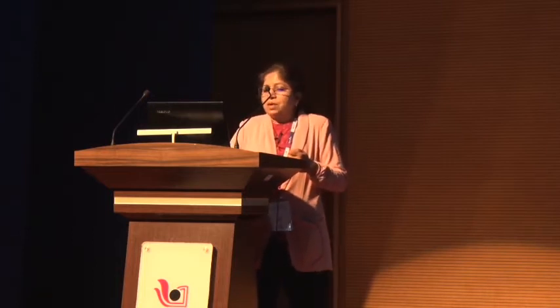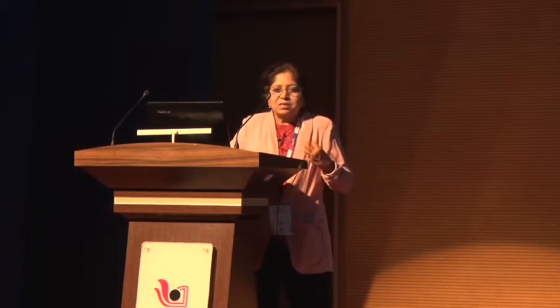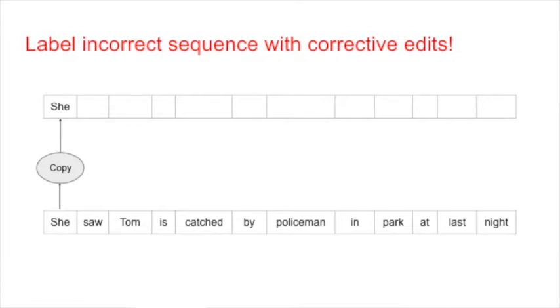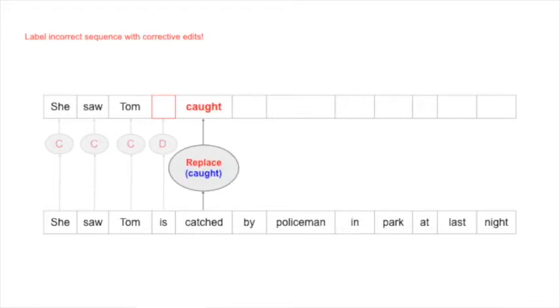So if I take this sentence, for the first word I do not need to do any edit, so the label I will assign to the first word is copy. To the second word again I will assign a label of copy, and so on and so forth. But then when I see the word this, it is incorrect. So to this word I am going to assign the label delete, and to the word after that I am going to assign the label replace, because I am going to convert this cached to caught.